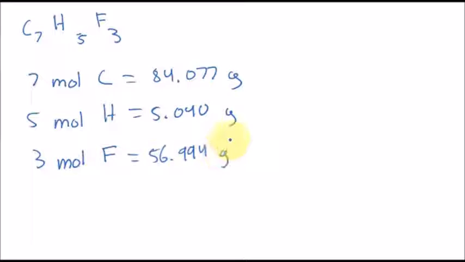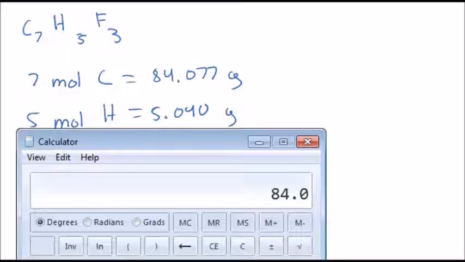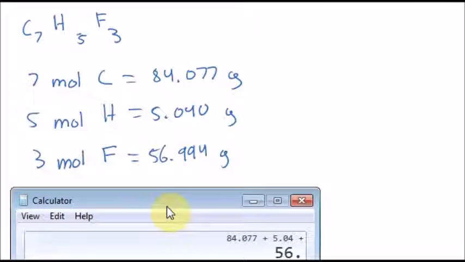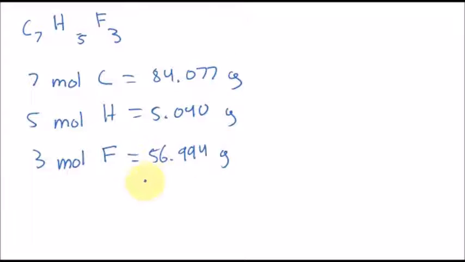From here, add all these numbers together, and we are going to get 84.077 plus 5.040 plus 56.994. We're getting 146.111 grams per mole.